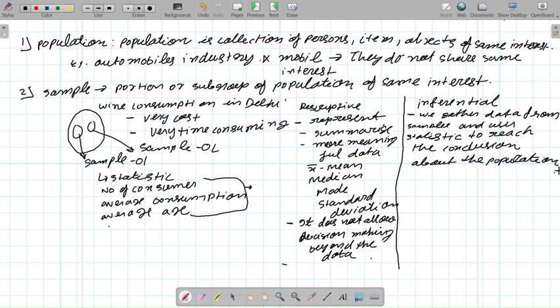Okay, so the second point is that decisions are made about the parameters.